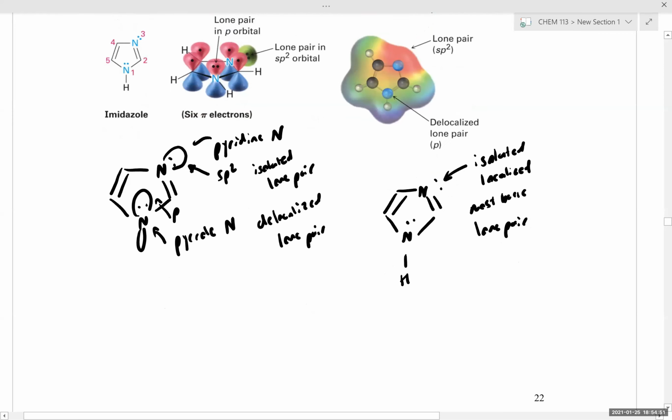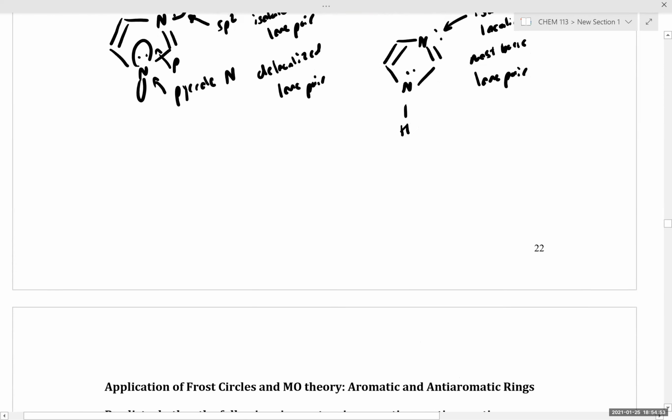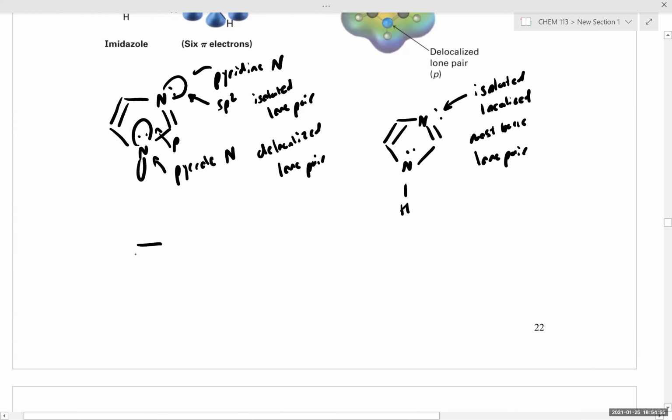Now, there's another reason why pyrrole is such a terrible base, or it's worse than you would expect. If we think about pyrrole versus a conjugated amine, pyrrole is way less basic. And the reason for that is that protonation disrupts aromaticity.